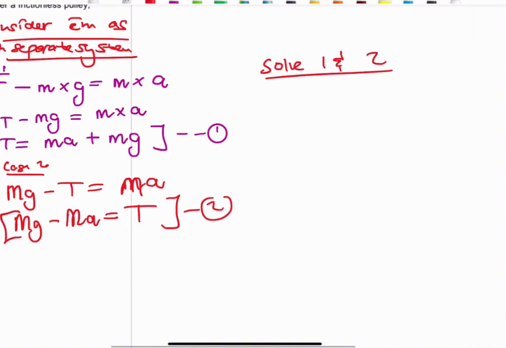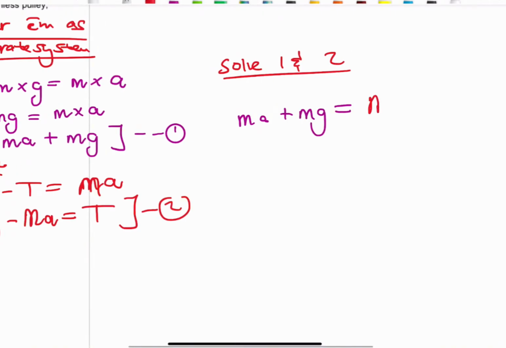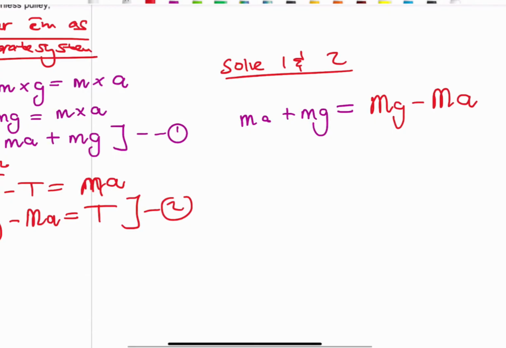I can solve equations 1 and 2 simultaneously. So it's going to be ma plus mg, and this should be equal to Mg minus Ma. We send everything with a to one side and everything without a to the other side. So it's going to be Ma plus ma, equal to Mg subtract mg.